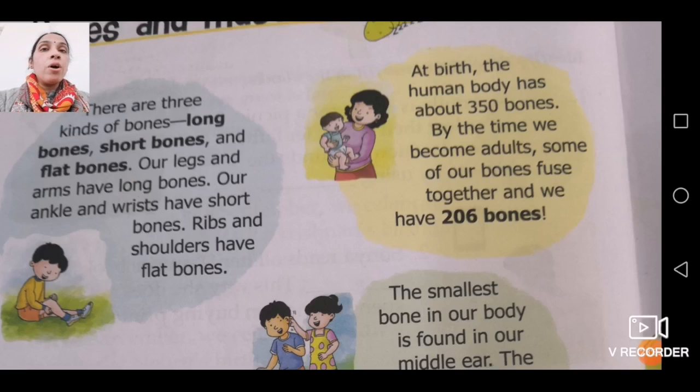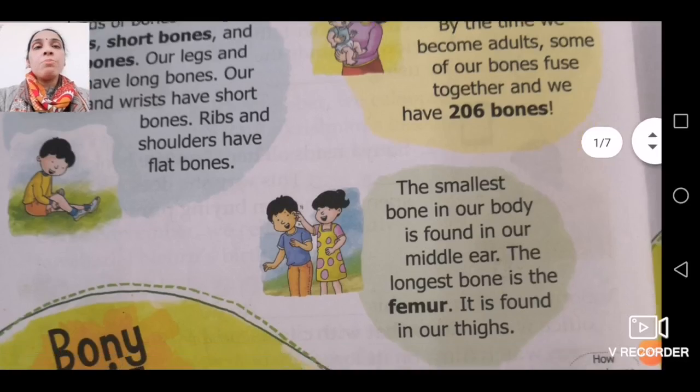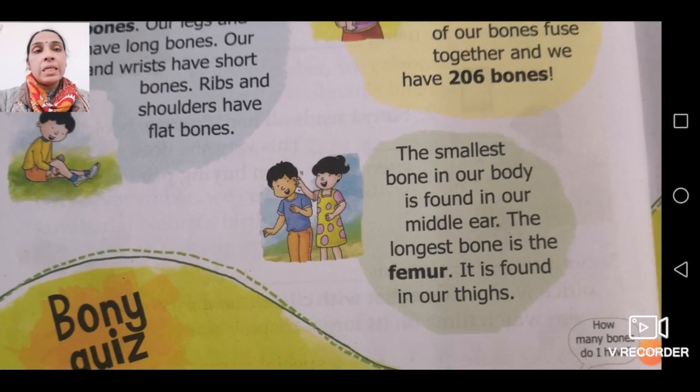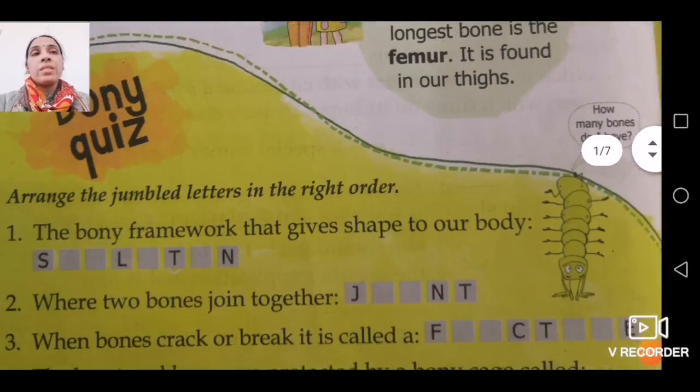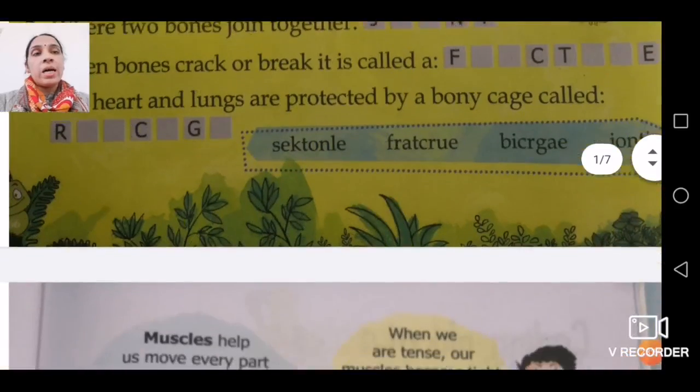At the time of birth we have more than 300 bones, and later these bones fuse together and we have only 206 bones. The smallest bone is present in the middle of the ear, and the longest bone is the femur, found in the thighs.